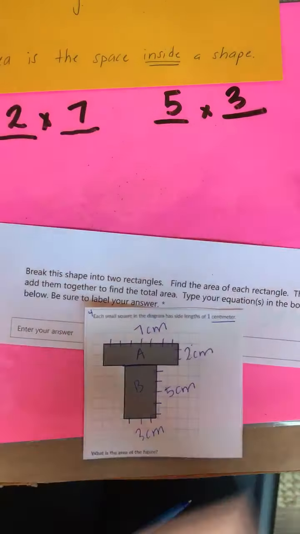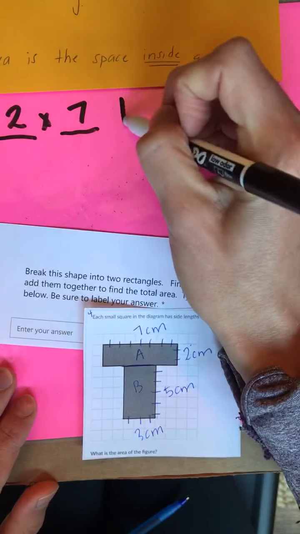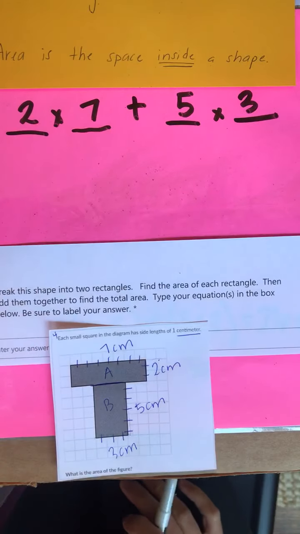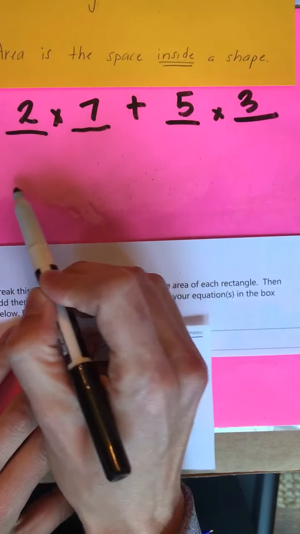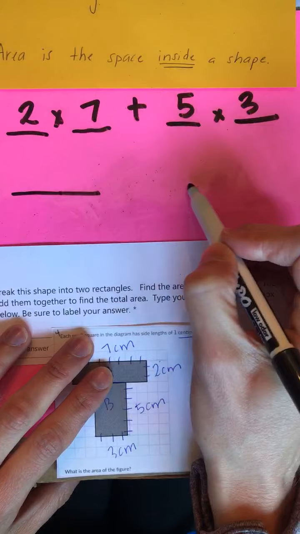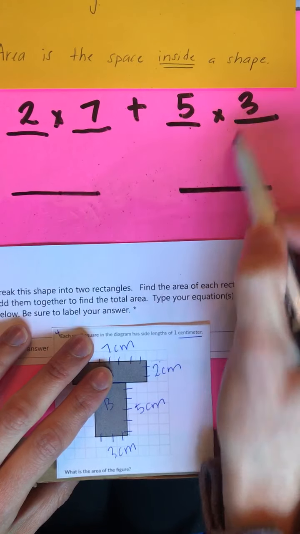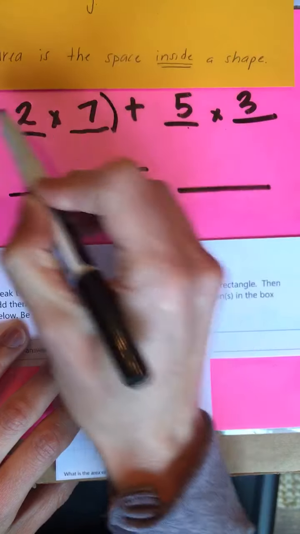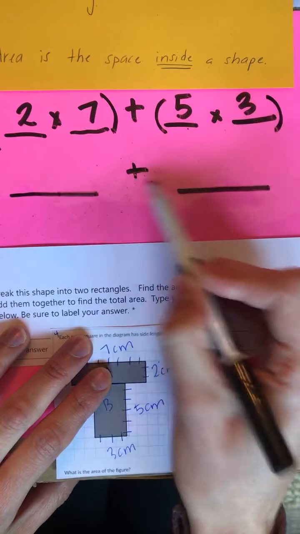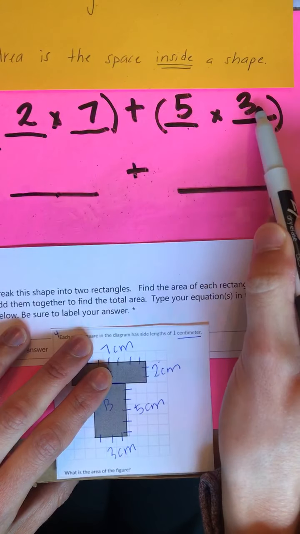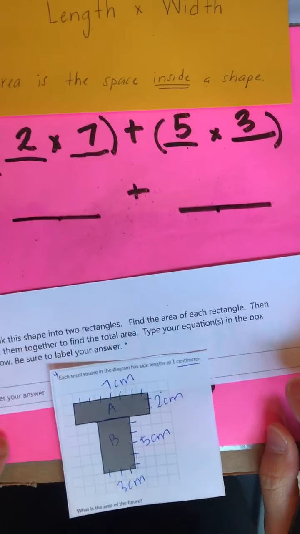Remember, when I have 2 parts, I add them together to find the whole. Your job is to pause the video. Please tell me what 2 times 7 is and write it on the line. Then, please tell me what 5 times 3 is and write it on the line. Don't forget to add your 2 parts together. So 2 times 7 equals blank plus 5 times 3 equals blank.